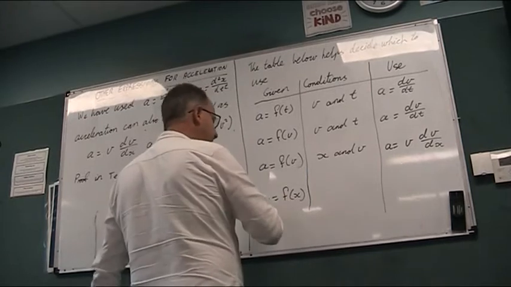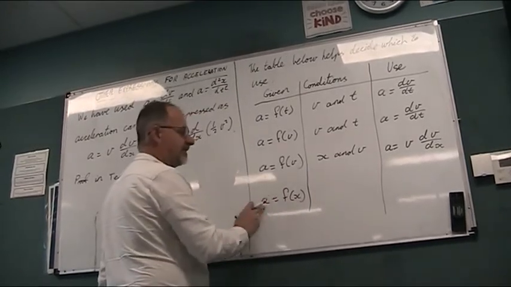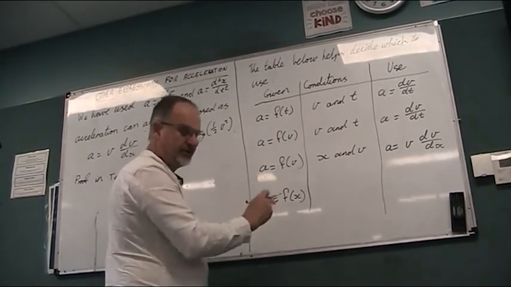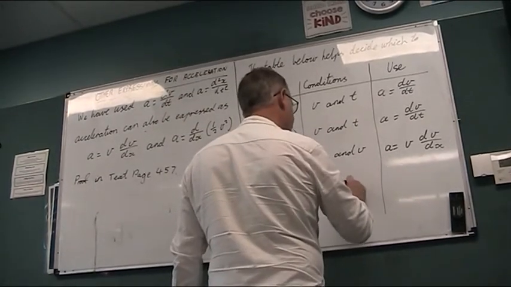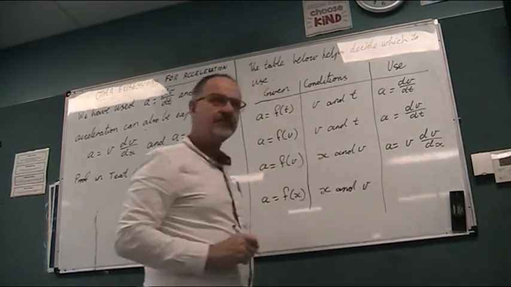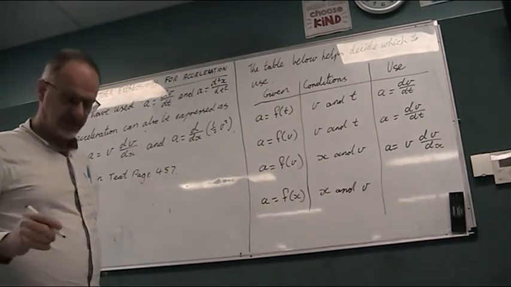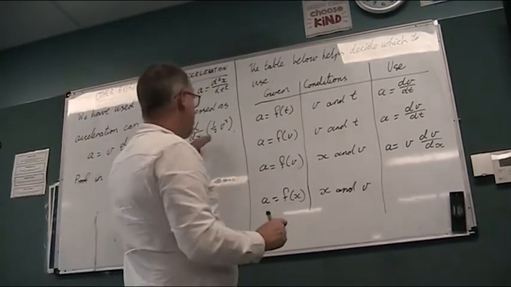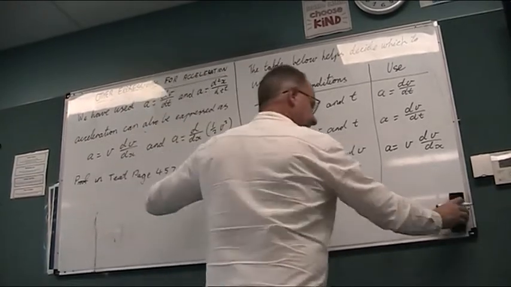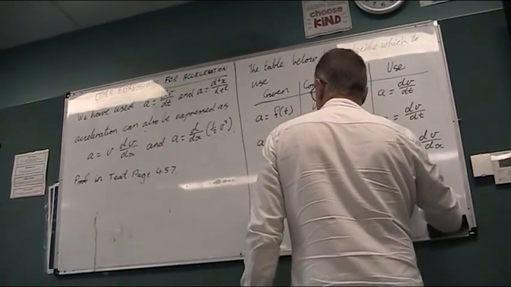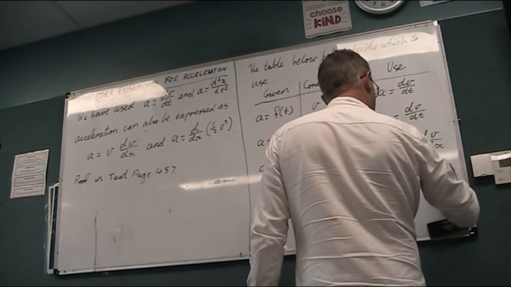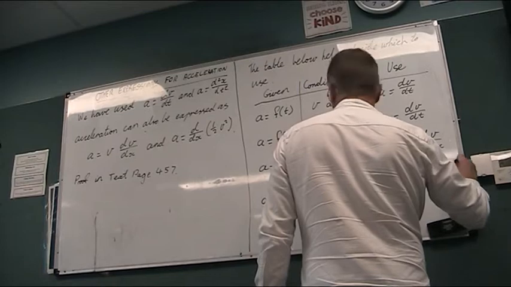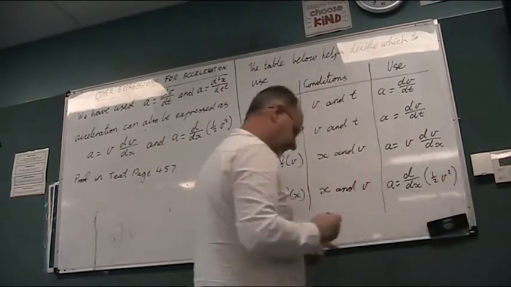And when the acceleration is a function of position, and we've got a position and a velocity, so how fast it's going when it's in a certain position, that's when we use this last version: d/dx of a half v squared.